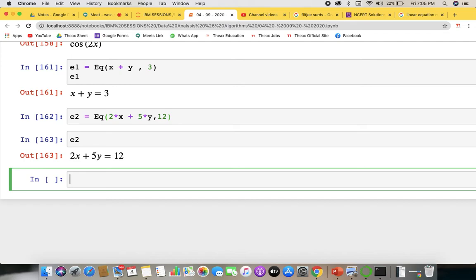Find the values of x and y. You have 15 seconds to solve. Quick.